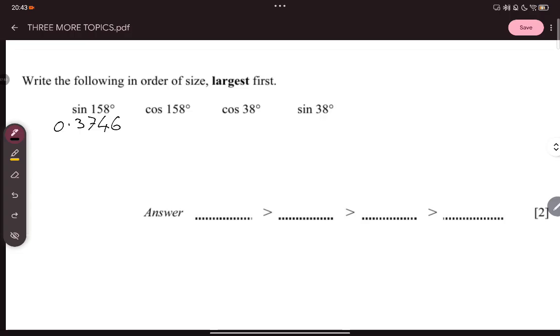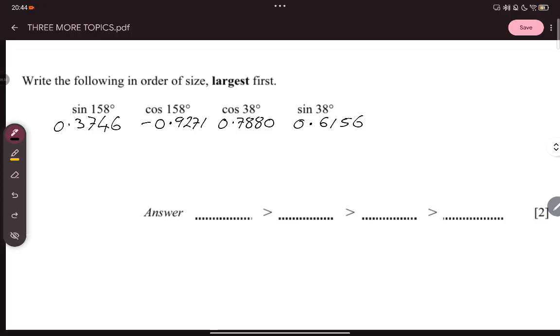Cosine 158 degrees, that's a negative number, so negative 0.9271. Cosine 38 degrees is going to be 0.7880, and sine 38 degrees is 0.6156. So largest first, we're thinking a positive number will be larger than any negative number.